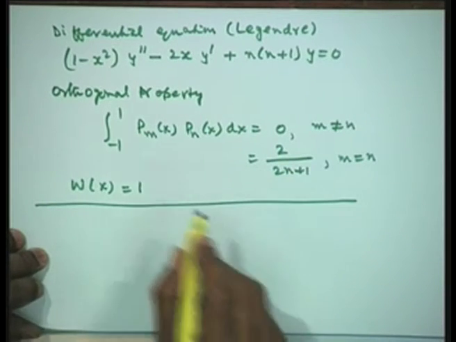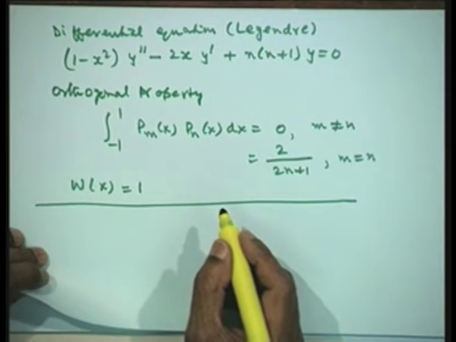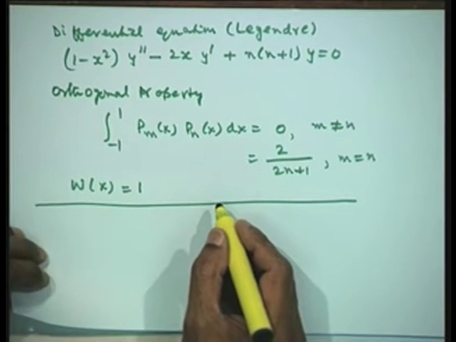Now, this is one of the sets of polynomials that we shall use. The Legendre polynomials of the second kind are not used because they are not of great use. It is only the Legendre polynomials of the first kind that are of use.